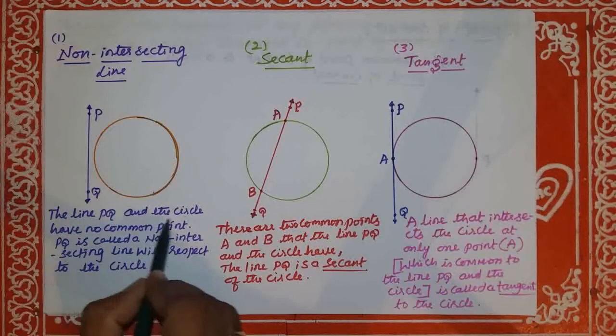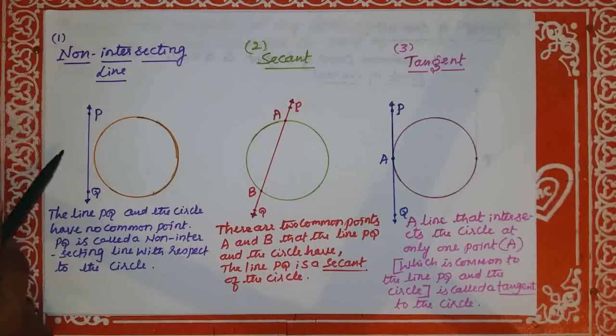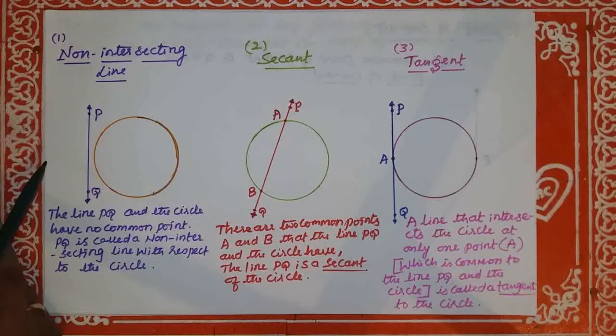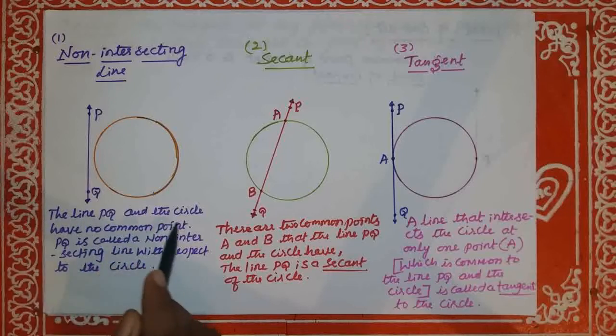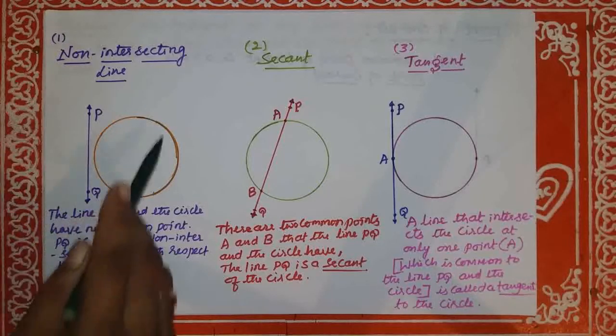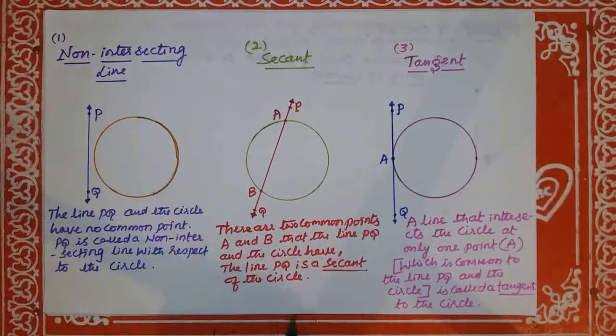The line PQ and the circle have no common point. Therefore, PQ is called a non-intersecting line with respect to the circle.